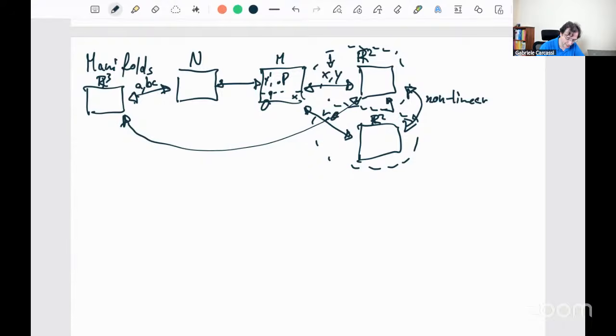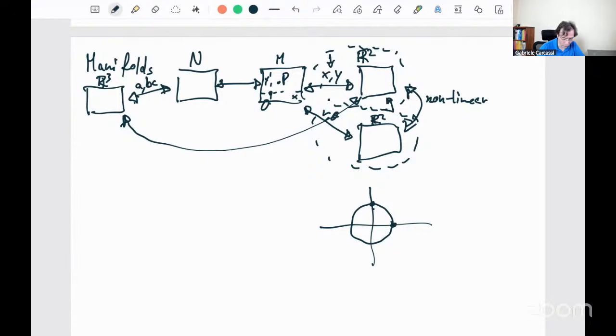Suppose that I'm using r theta. I have two points here. In polar coordinates, the radius is the same; only the angle changes.